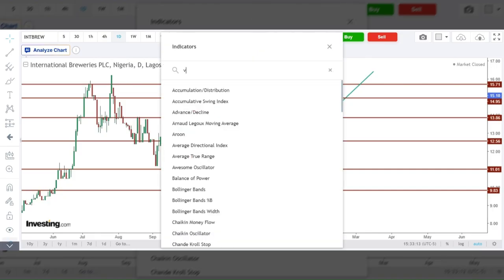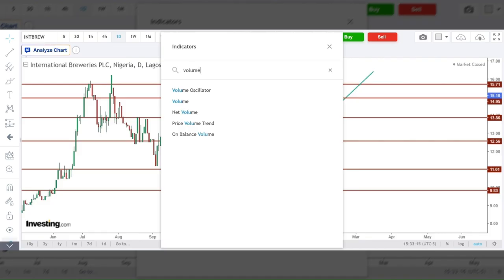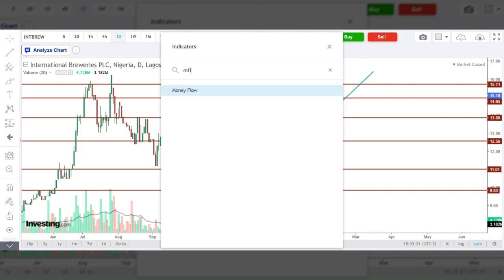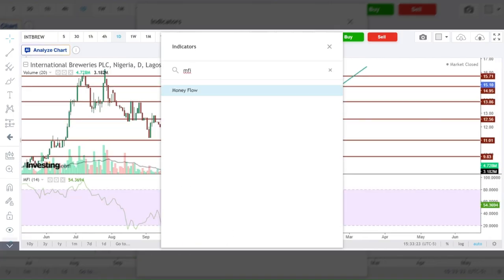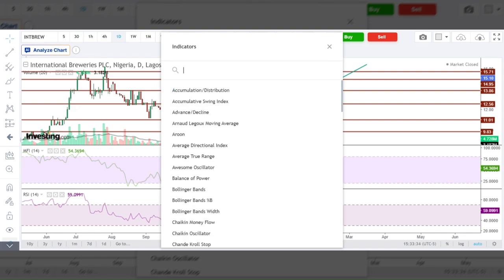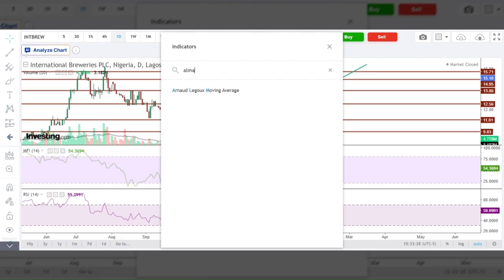We start with the volume, and we put our money flow, and then RSI. Okay, and then let's not forget our moving average.